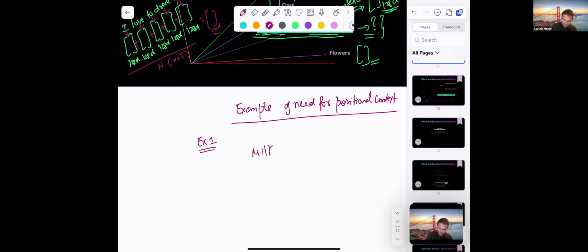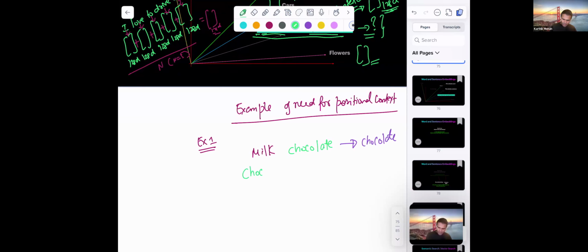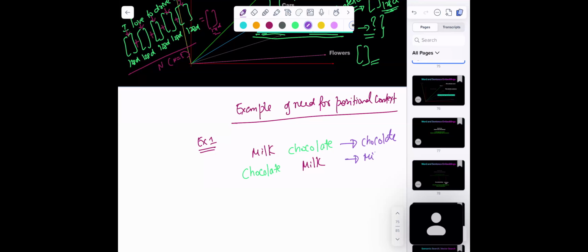Milk, chocolate. What is the object here? Is it milk or chocolate? Chocolate. Okay, let's reverse it. Chocolate, milk. What's the object here? Milk.